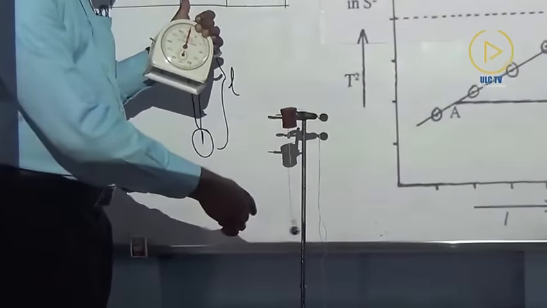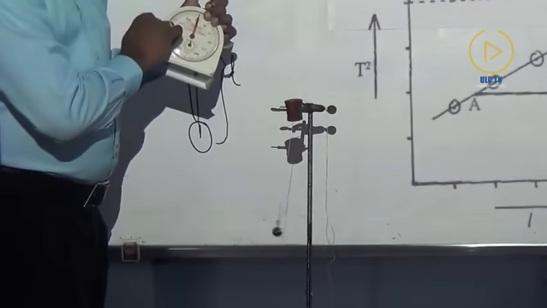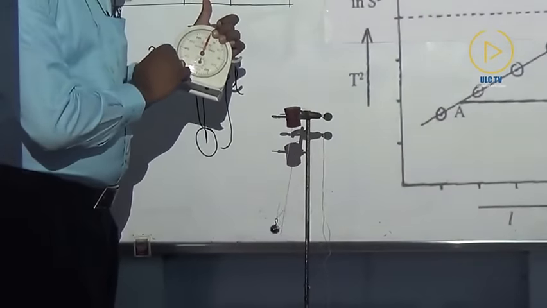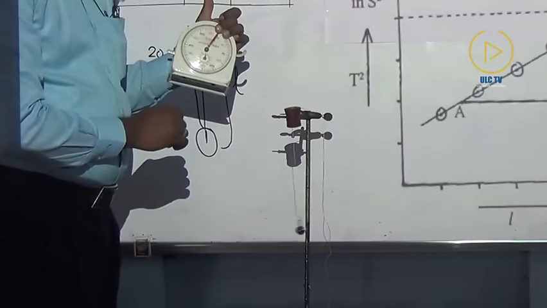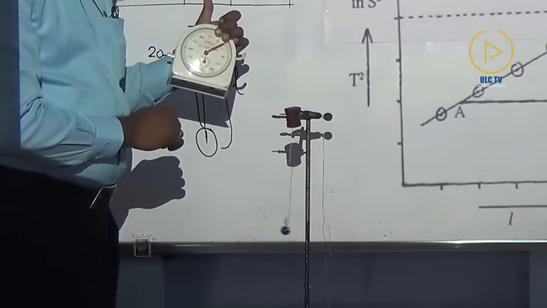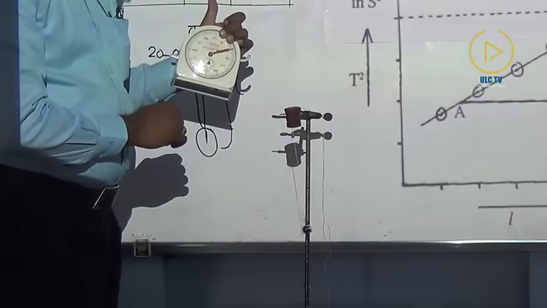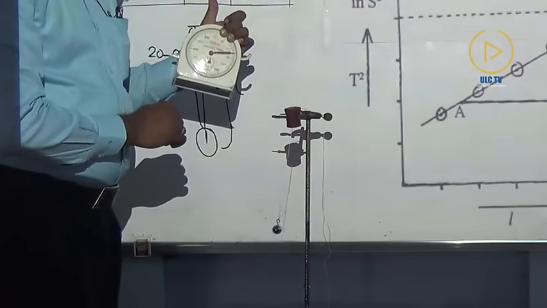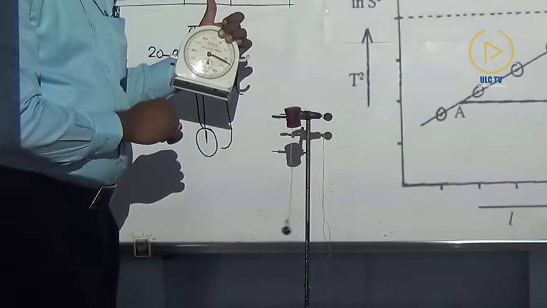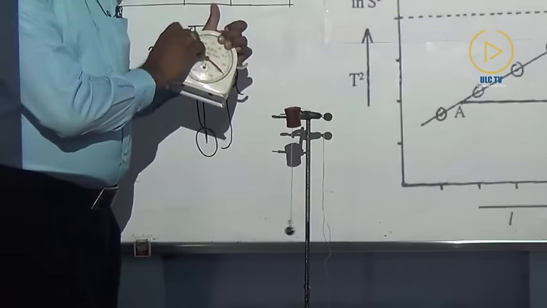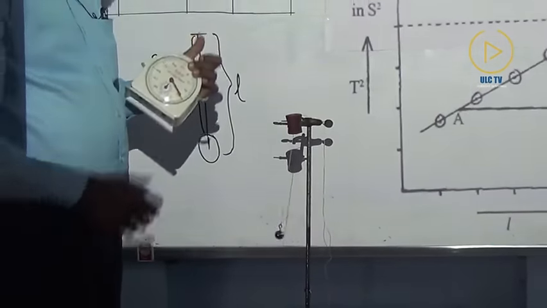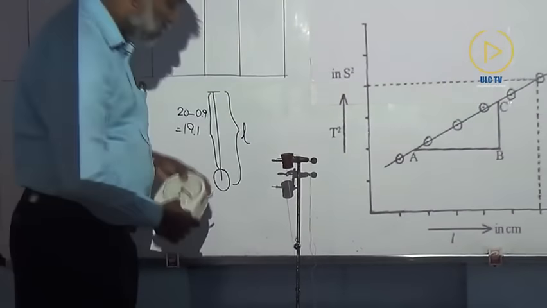When it reaches the left end, I will start. 1, 2, 3, 4, 5, 6, 7, 8, 9, 10, 11, 12, 13, 14, 15, 16, 17, 18, 19, 20. So I got the answer as 19 seconds.